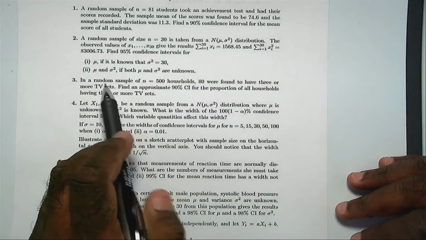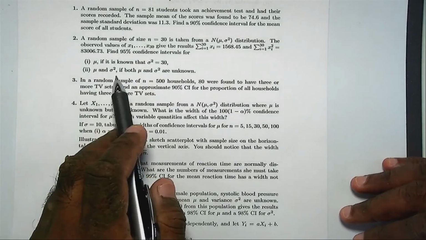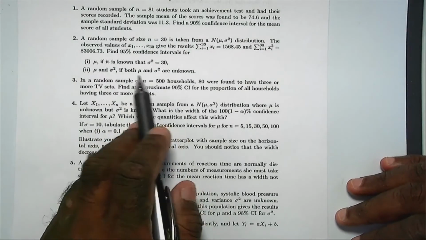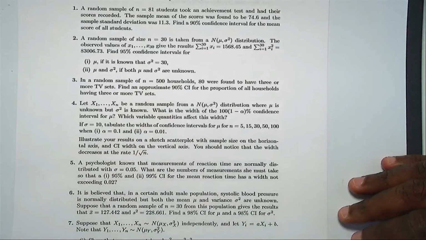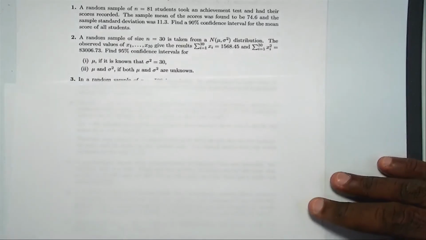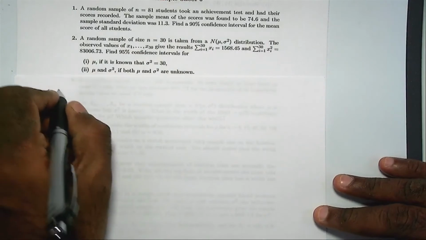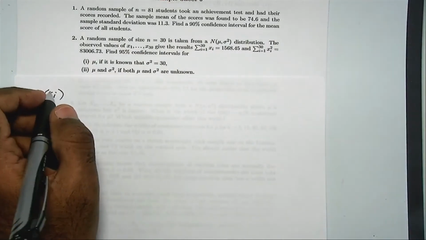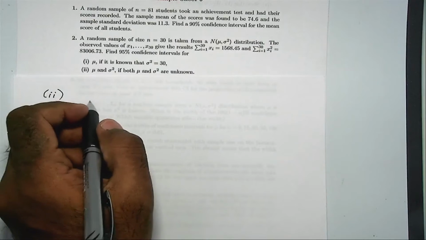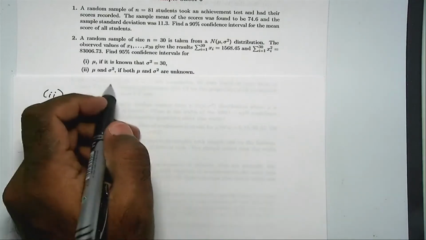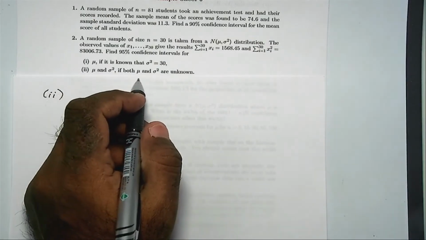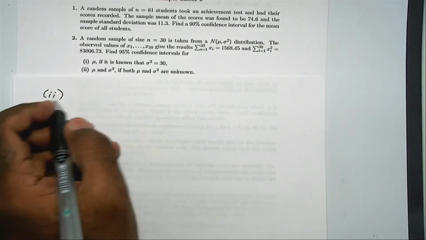we want to find confidence intervals for mu and sigma squared when both are unknown, right? So let's start with the confidence interval for mu first, right? Now you may recall the formula involves s, the sample standard deviation. So we need to compute that first.